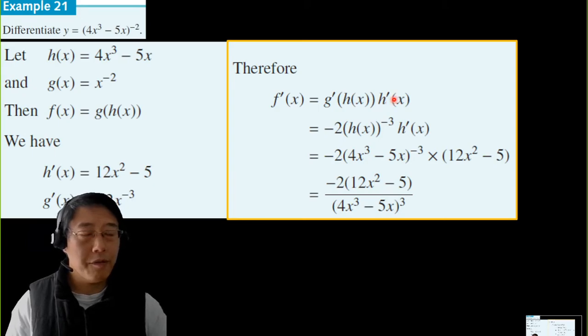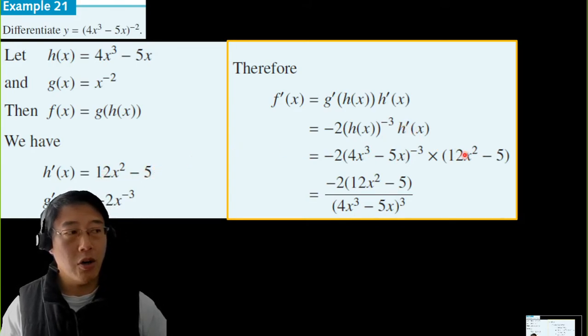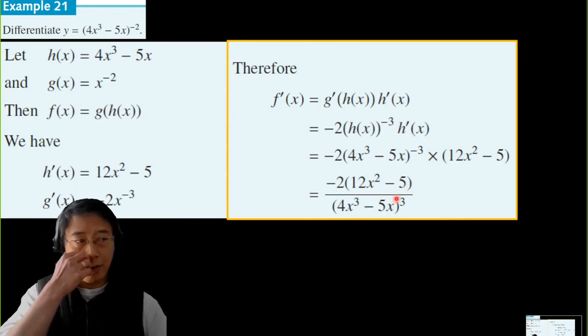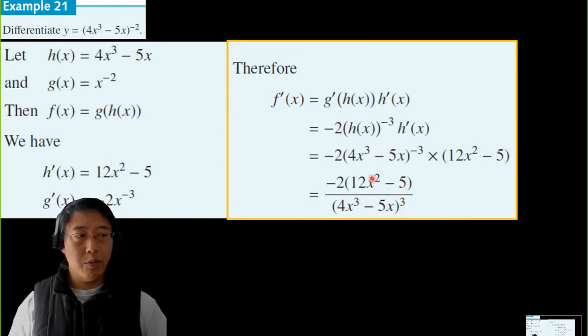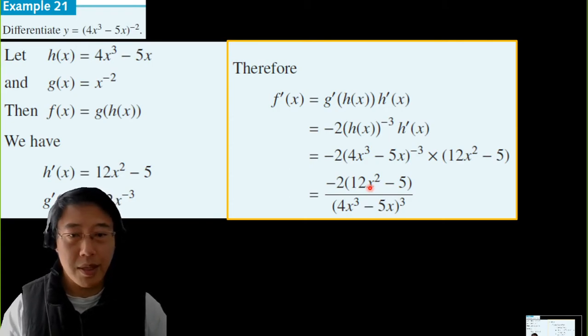Your second factor is just the derivative of h, so it's that expression 12x squared minus 5. You rewrite it over here. With the first factor, when you have h here, we substitute its expression in terms of x, and they rearrange it into one fraction with positive power, and you end up with the same expression as the previous answer using the Leibniz notation.